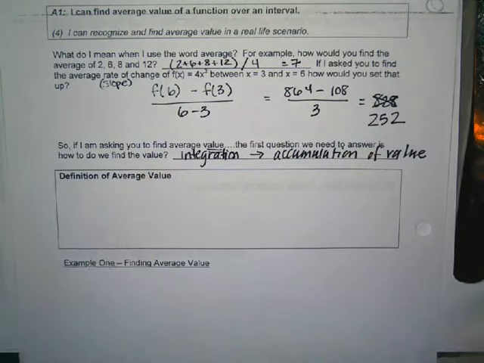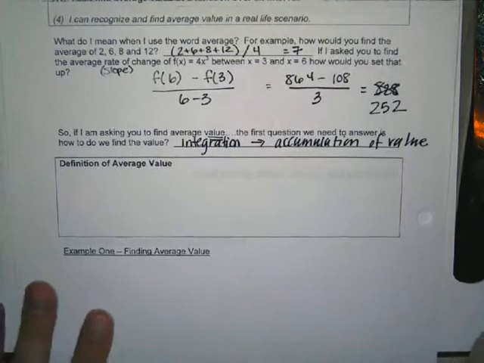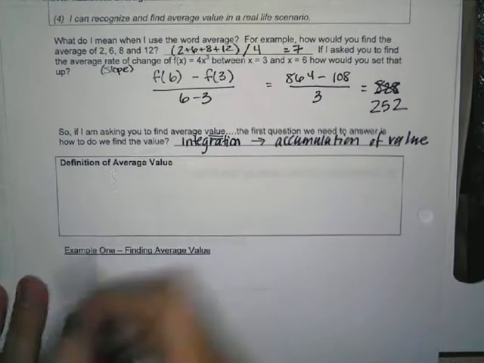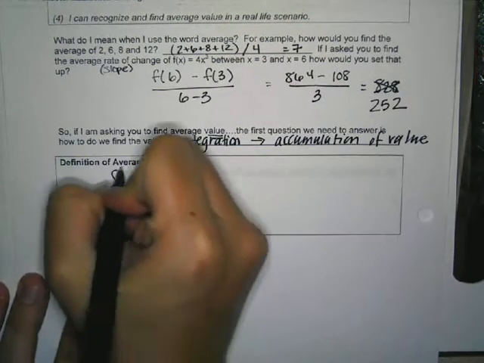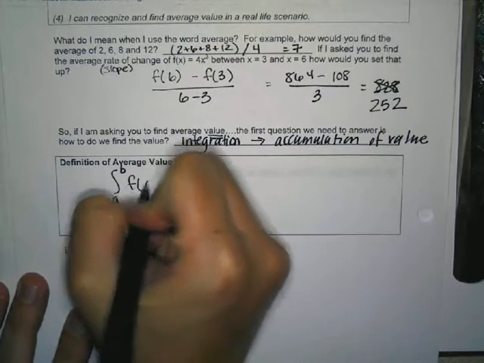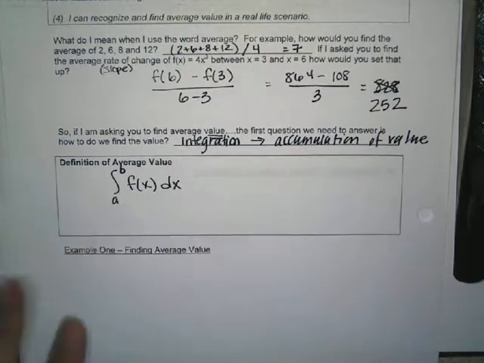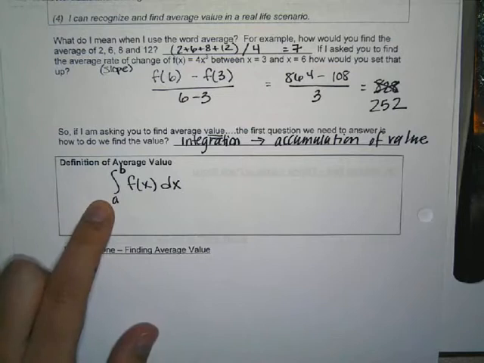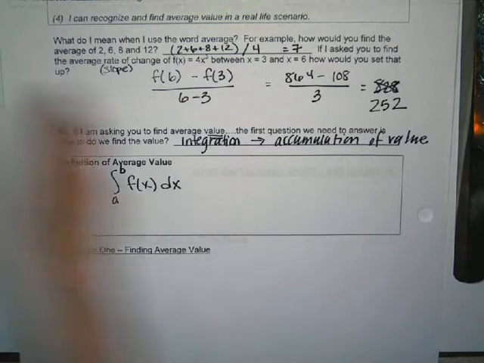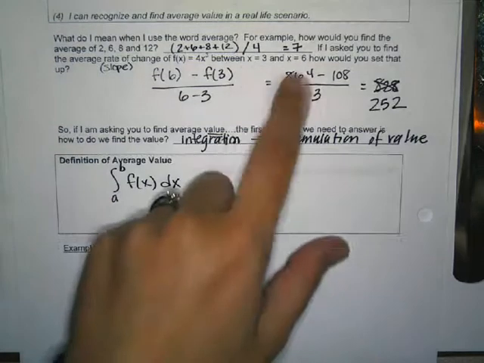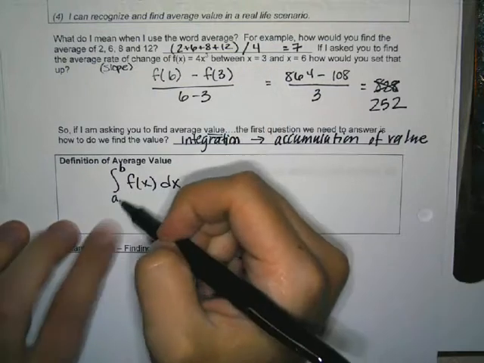So if I'm looking for the average value, you're going to be integrating some kind of function, but then you're going to be dividing by the range of values that you have. Well, the range of values you have is the space between b and a.